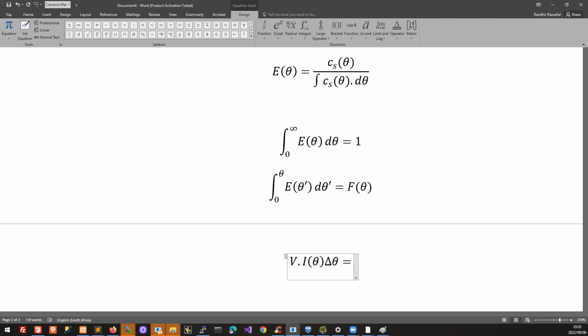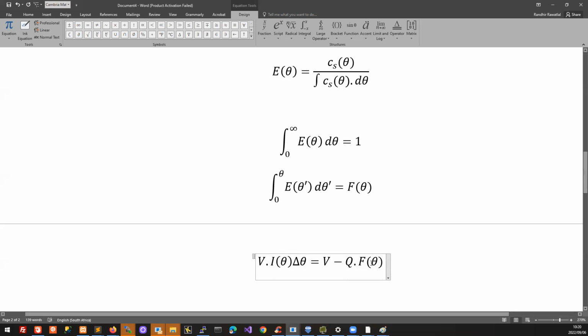And that must equal the total amount that we had originally in the reactor. So that's V, minus the amount that has left over time. So Q times F theta. This is the volume that has left.